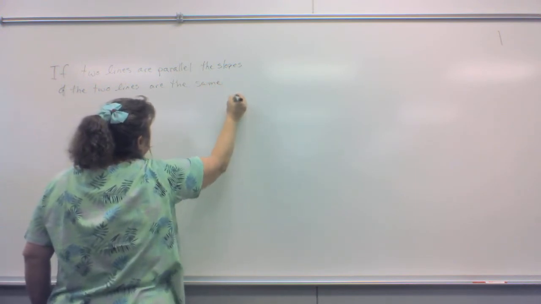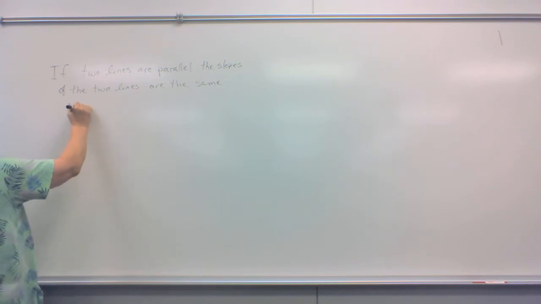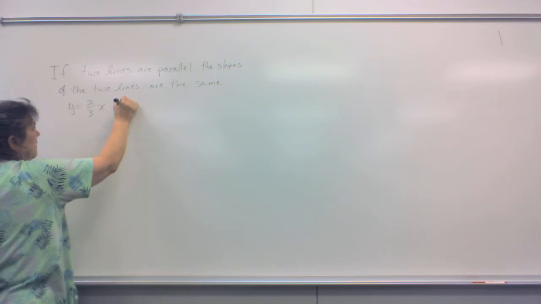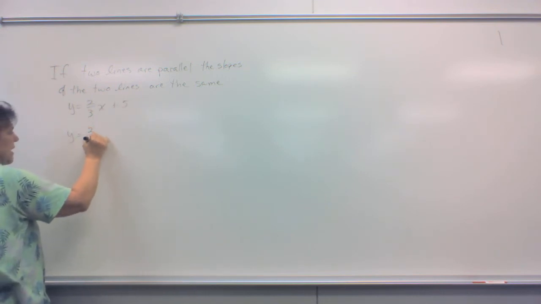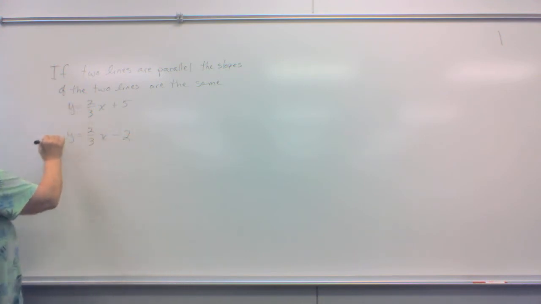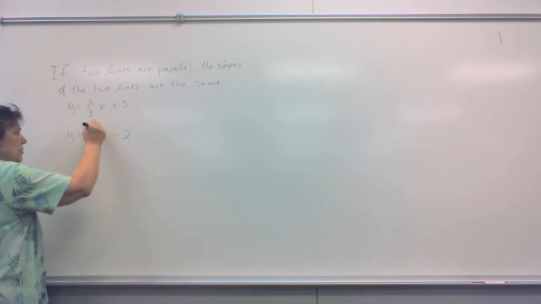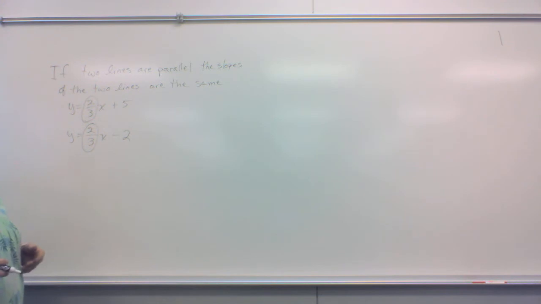In other words, if I have y equals 2/3 x plus 5 and y equals 2/3 x minus 2, this line and this line are going to be parallel to each other because the slope, which is the 2/3, is the same for both of the equations. And it's going to make your lines parallel, okay?